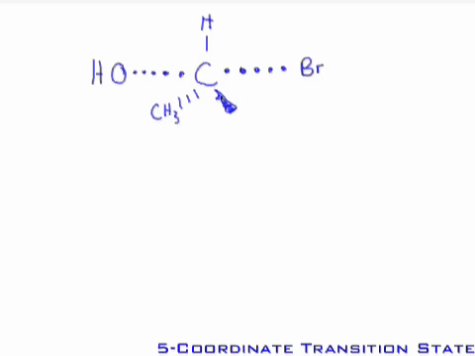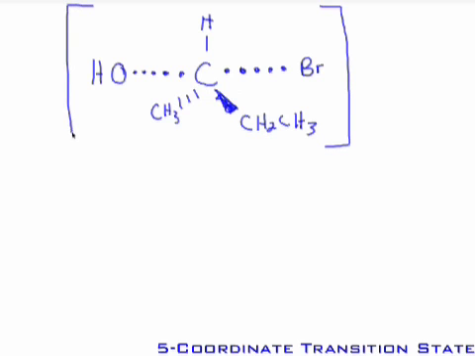Well, there's no doubt that the transition state is 5-coordinate. Usually when you draw a transition state, you put it in square brackets to indicate that this molecule is not really a molecule. It doesn't exist. It's just a transition state.